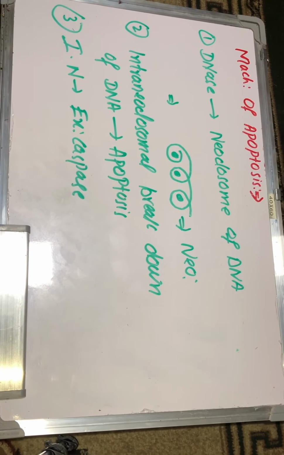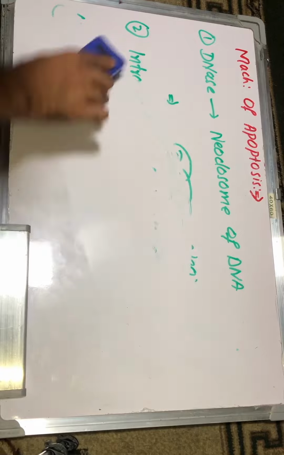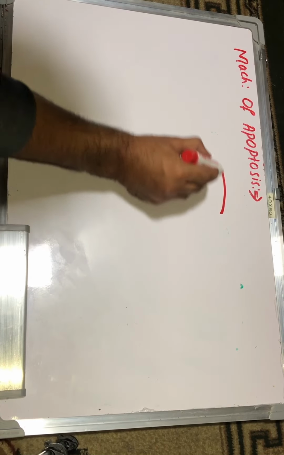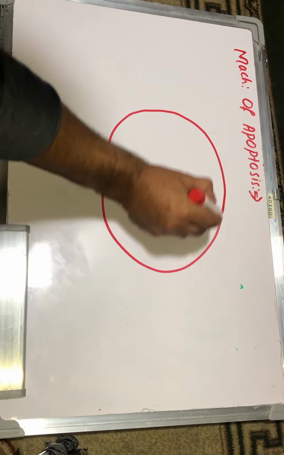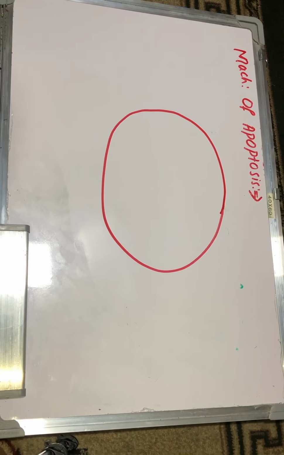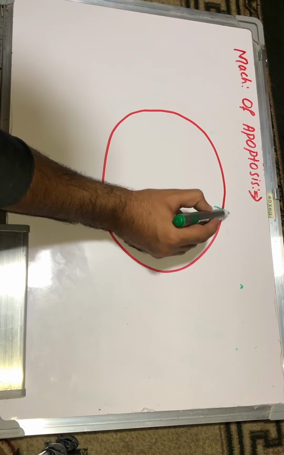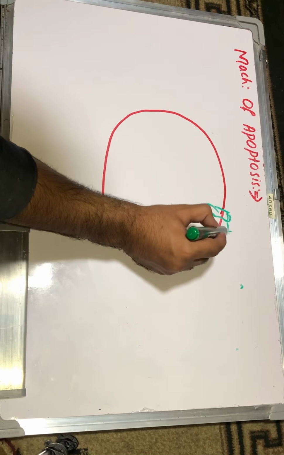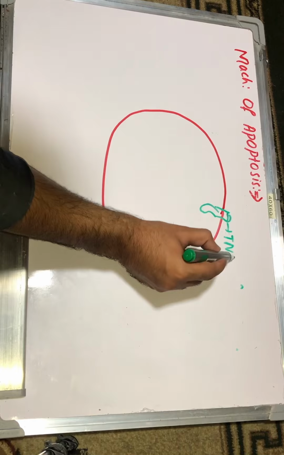So, up to now, what we have discussed: for example, this is a cell. It has tumor necrosis factor 1, and it contains an intracellular death domain.